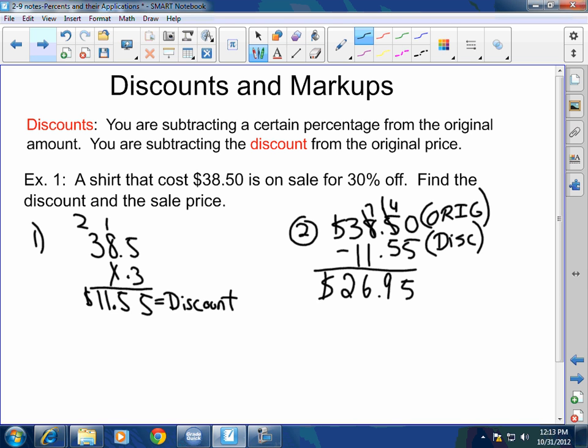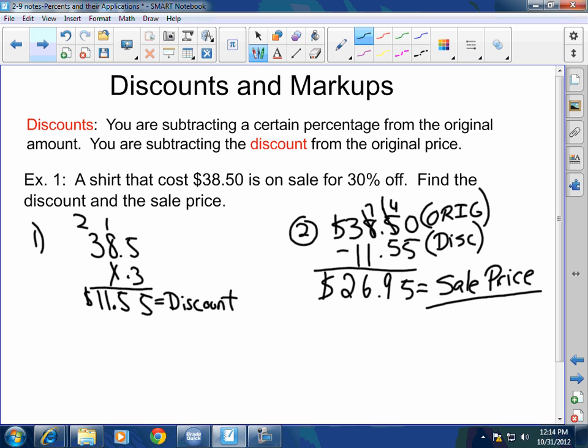So you're going to end up paying $26.95. That equals what's called the sale price. Please pay attention, guys. The sale price is the price after a discount. The sale price is the price after a discount. And that's how you find a discount. Very, very useful.